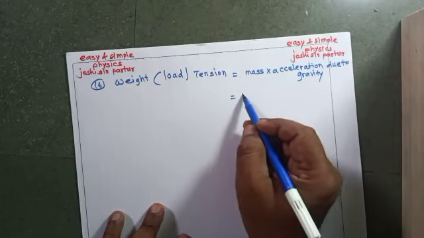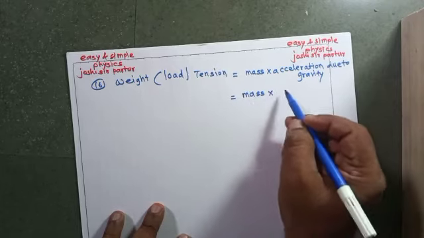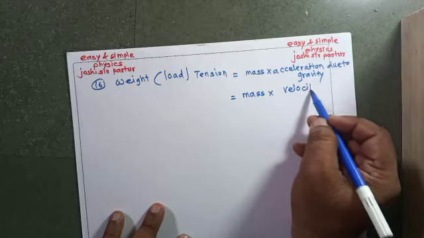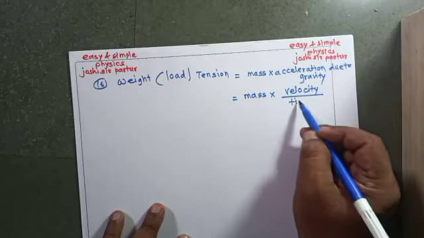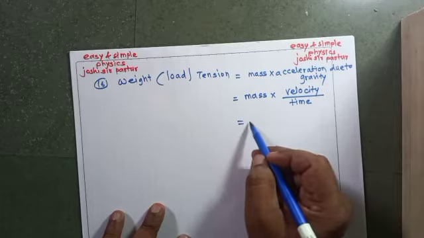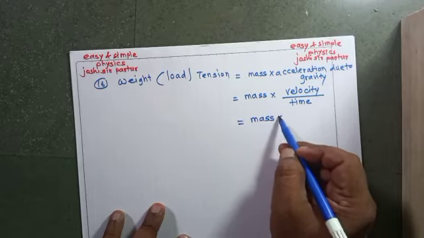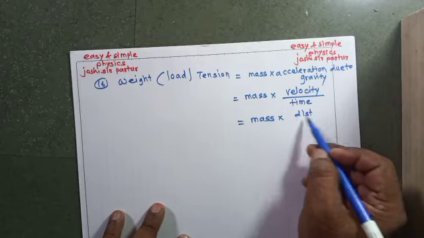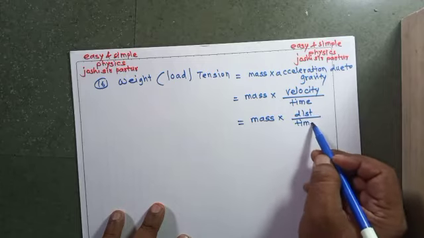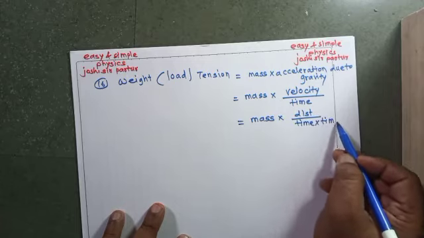So here, mass multiplied by velocity upon time, mass multiplied by distance upon time multiplied by time.